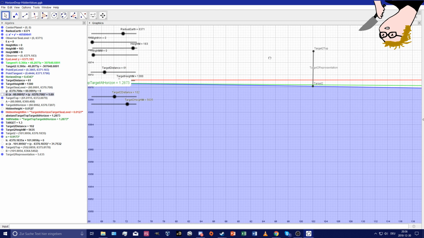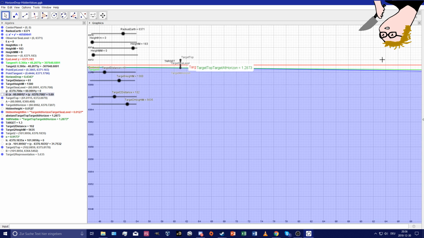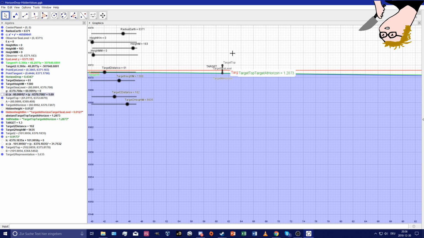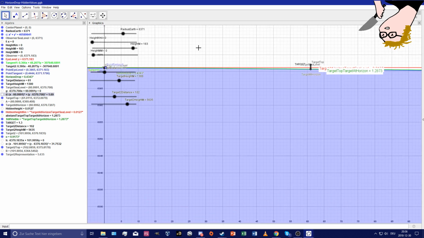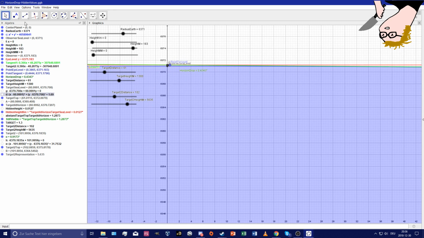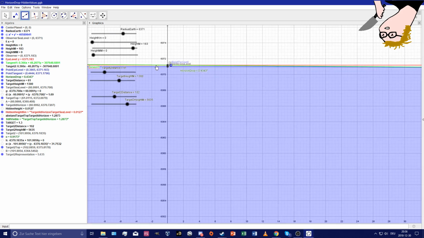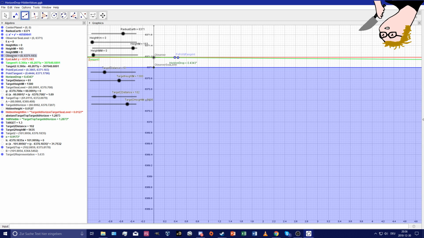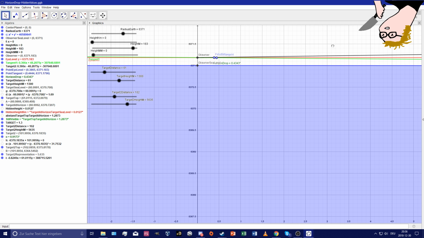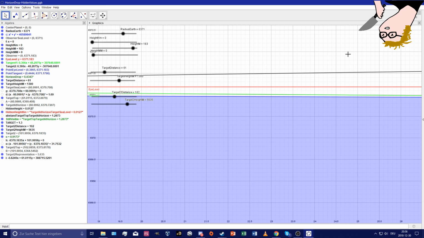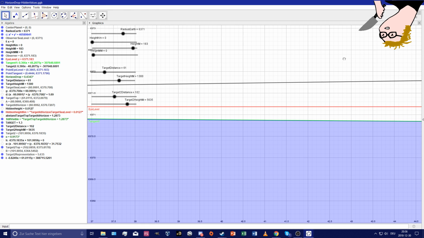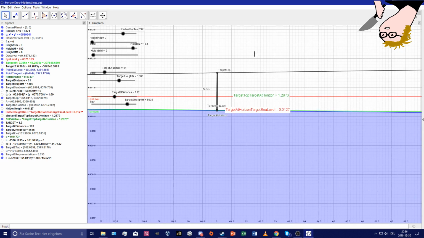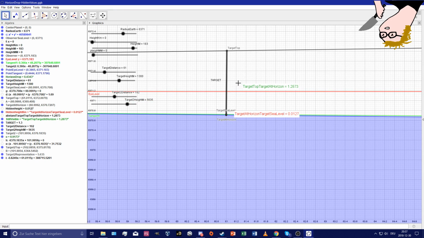Okay, so how do we determine now how much of target 2 is hidden because of target 1? Well, the same way as before. We select our ray from observer to target 1 top. And let's go over here.